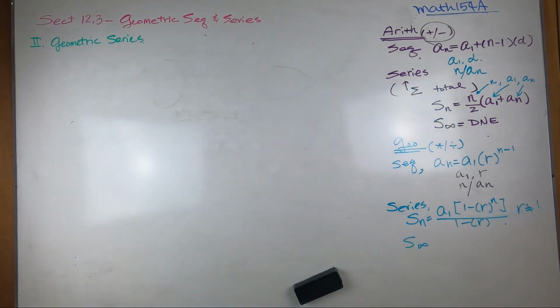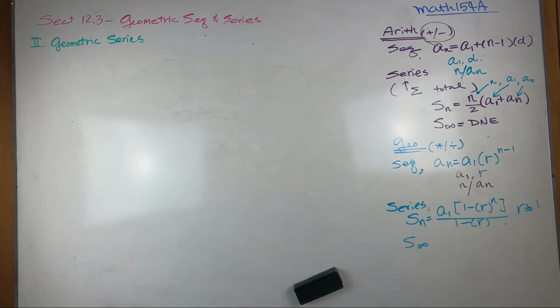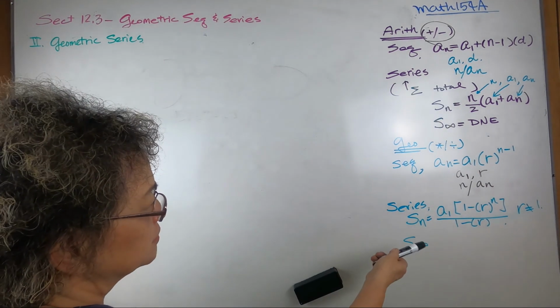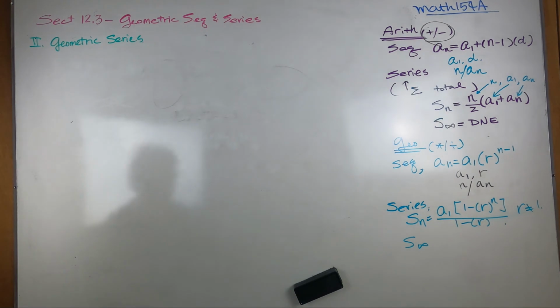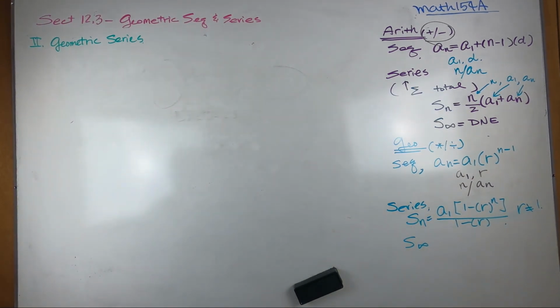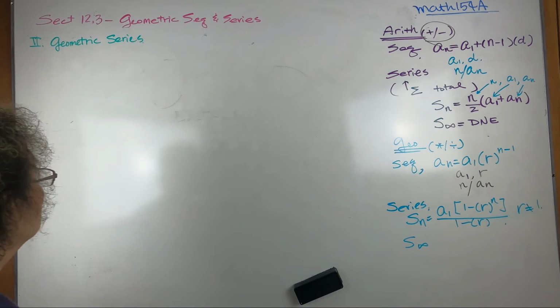So we need to apply this formula for the geometric sequences, right? The reason behind it, if we prove it, it will take a while, but for most of you, as long as you can apply it, that's good enough. Okay, if you're interested in why it's so, then you can call me.